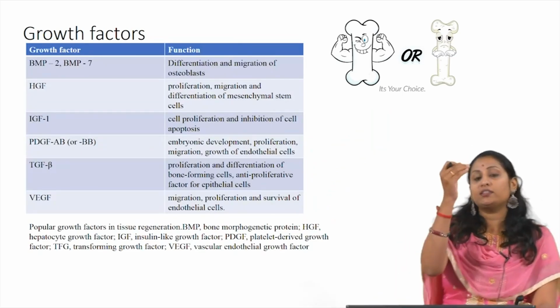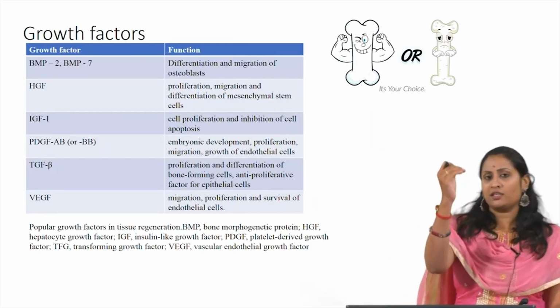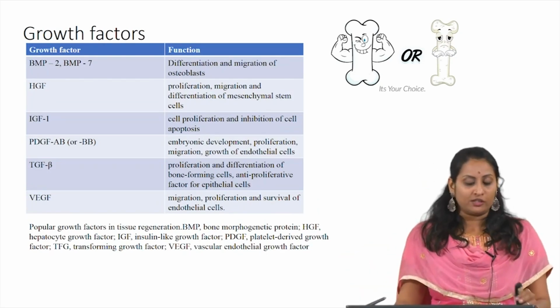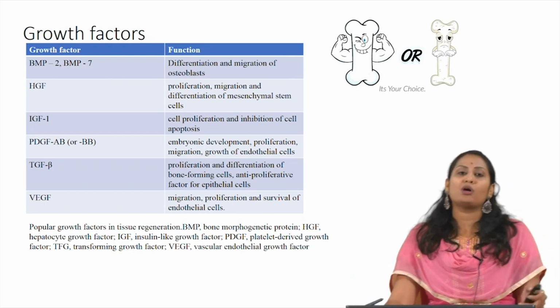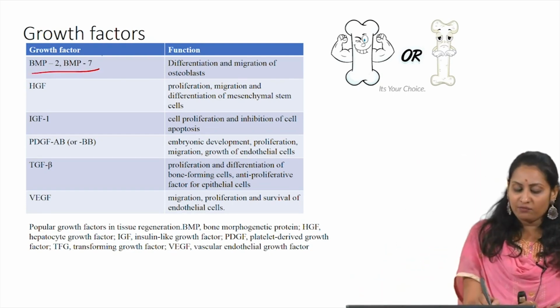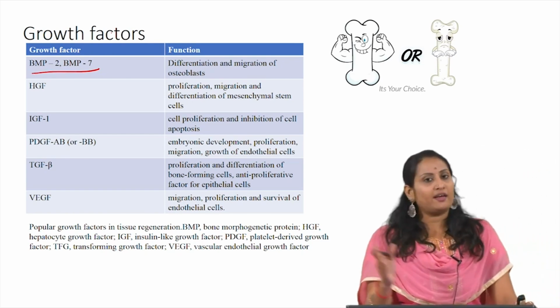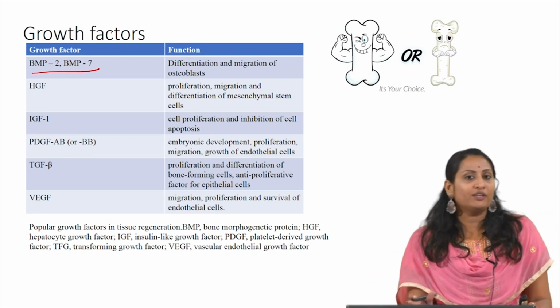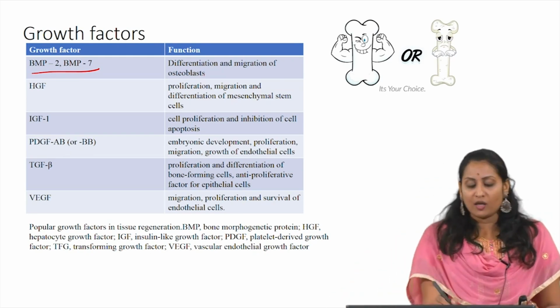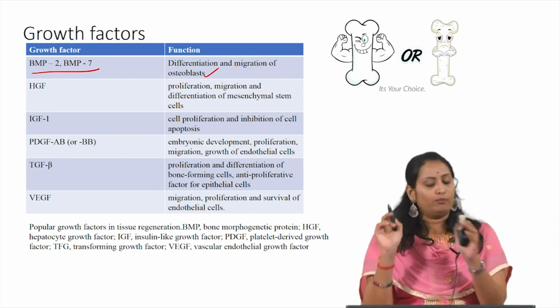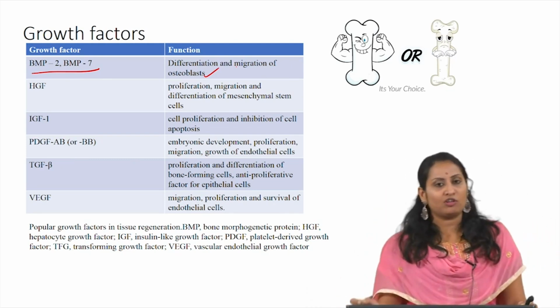This table shows certain growth factors which are responsible in bone tissue engineering applications. BMP2, which is bone morphogenetic protein 2, and bone morphogenetic protein 7 are FDA approved growth factors used in commercially available products, where they help in the differentiation and migration of osteoblast cells. Osteoblast cells are responsible for the formation of bone.